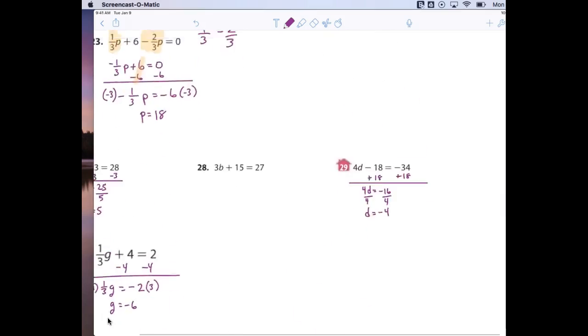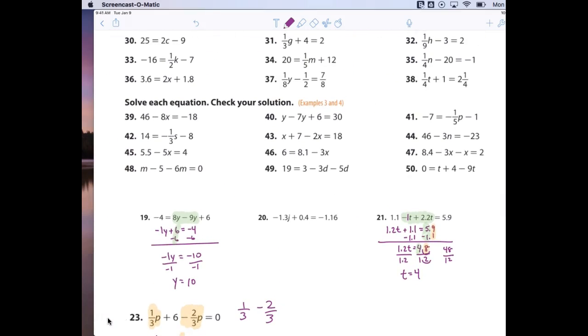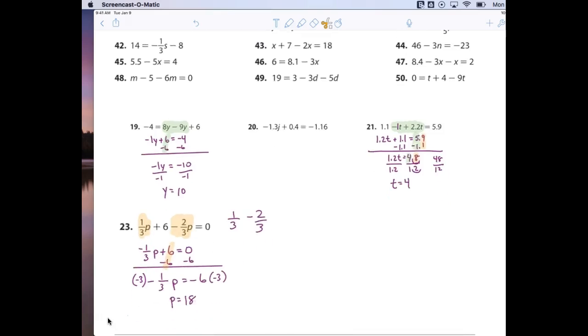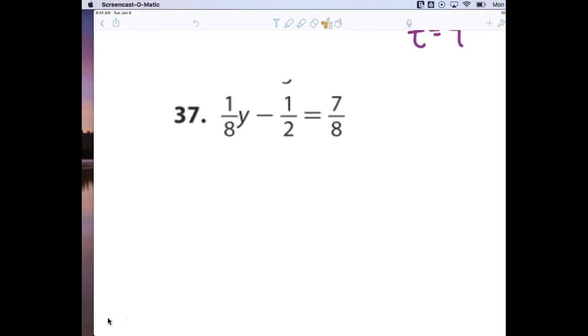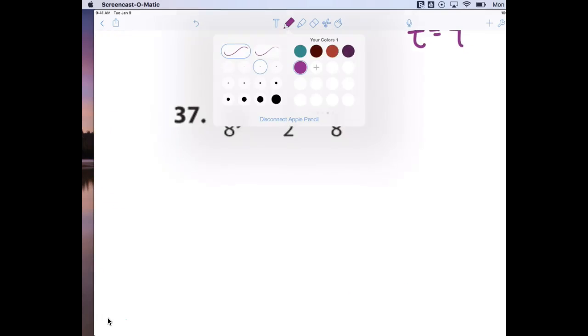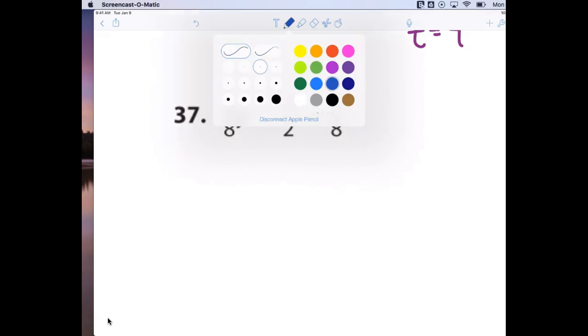Let's find 37. And then we have, all right, Jack. It's written correctly, so it'd be plus 1/2 and plus 1/2. Exactly.